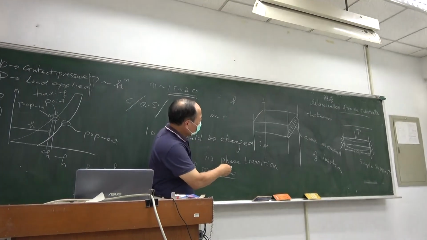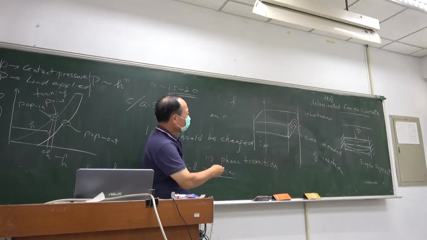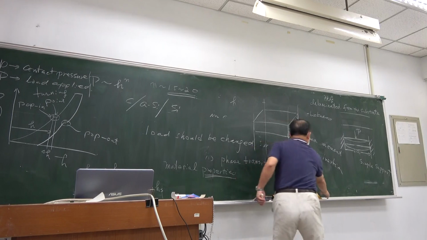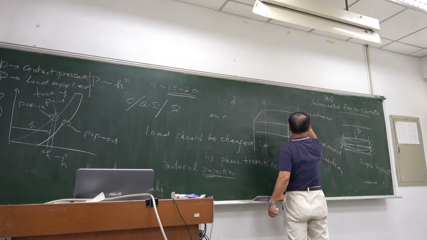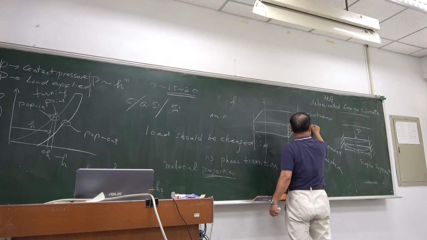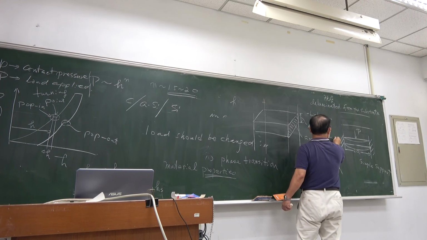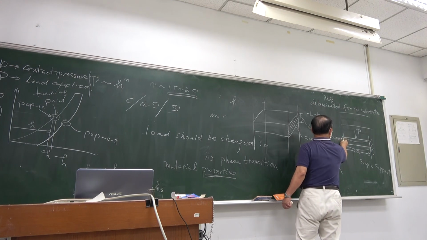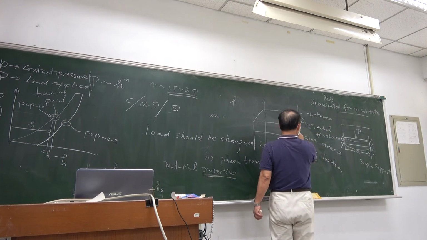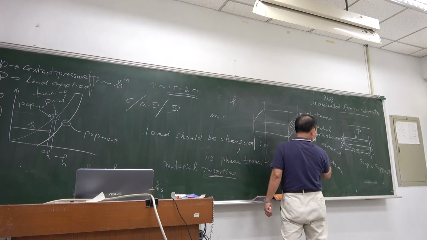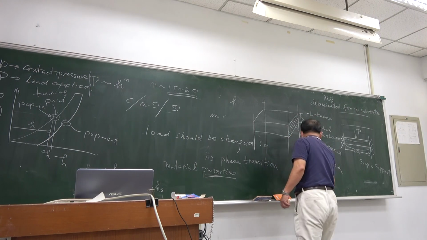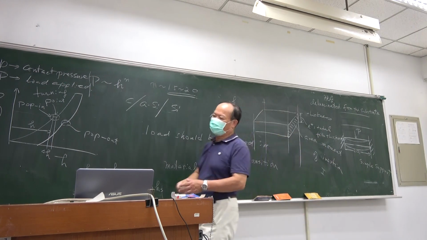Your cross section is also a rectangular form, with the total thin film thickness we call T star. So this area moment of inertia we call I, I will show you later.